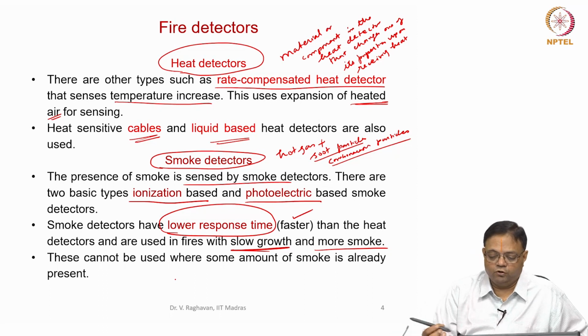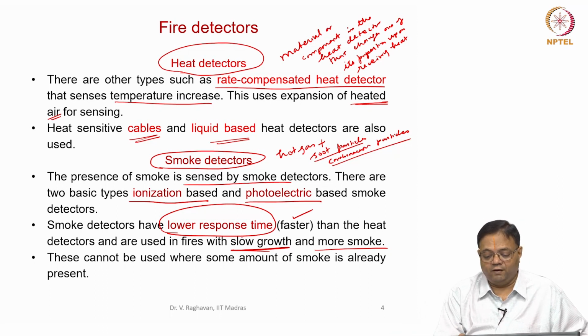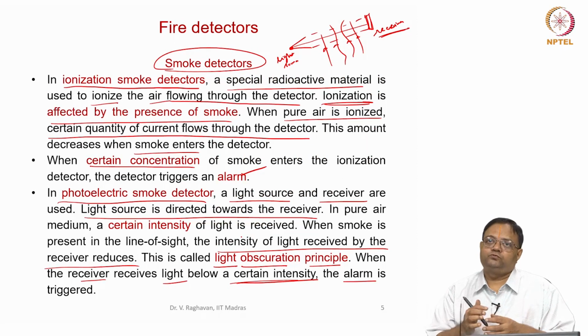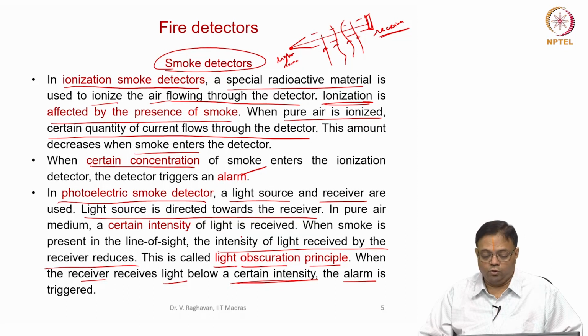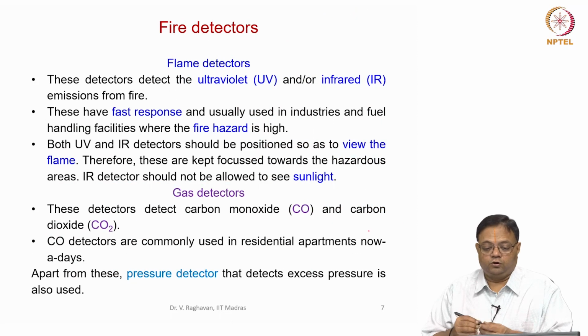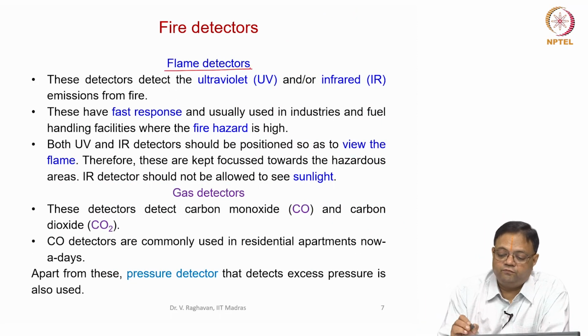But smoke detectors have lower response time as compared to the heat detectors. And there are two types, ionization and photoelectric based method. In the photoelectric method, there are two methodologies which are followed, and special types of detectors are also used in several applications. So now the third one is flame detectors.